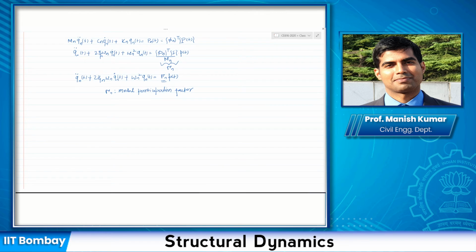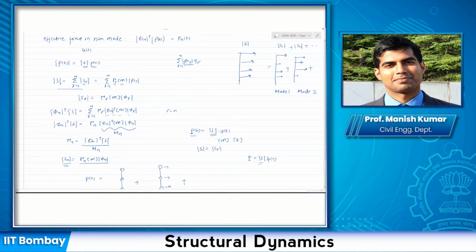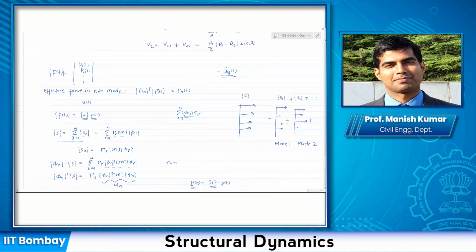And this is what basically the excitation force becomes. You can solve this equation. Remember, we have done nothing new. We are just considering a special case. So this is just one of the special cases for which it can be written like that.